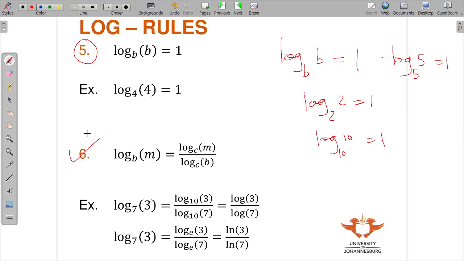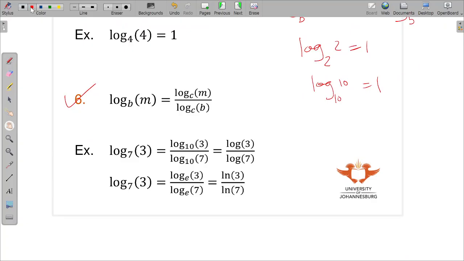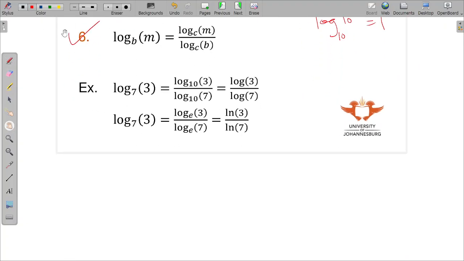Now rule number 6. Whenever we have log b of m, we can change it into log m over log b.